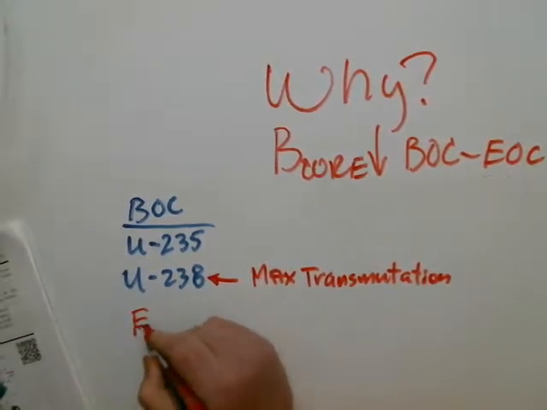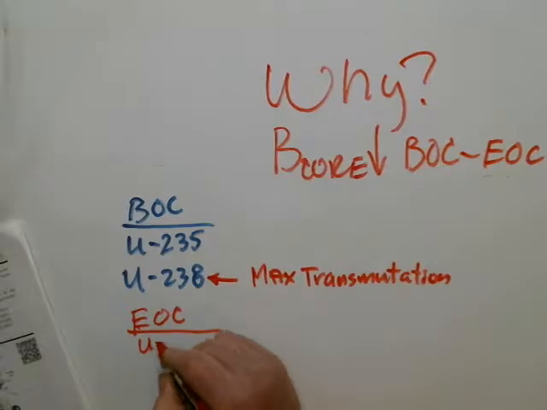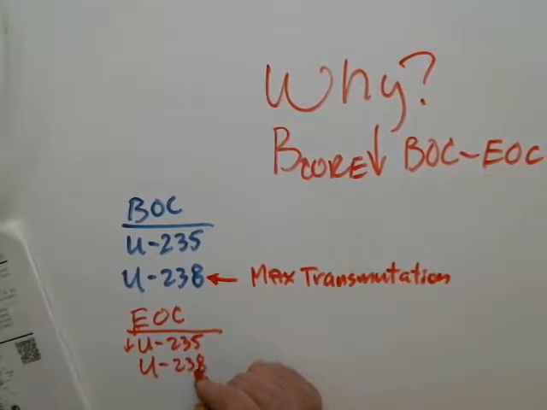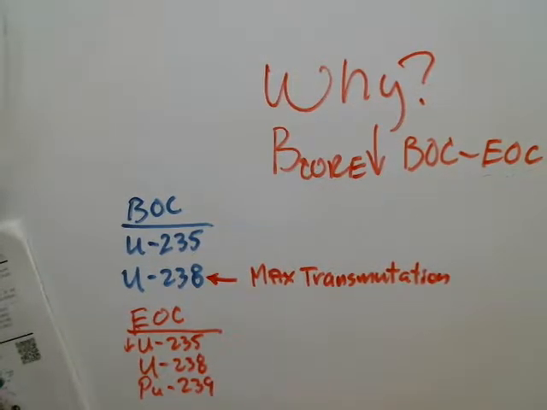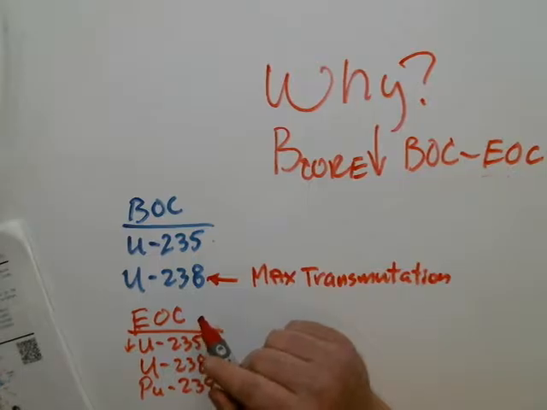At the end of core life, well, I have very little uranium-235. It's gone down. I have about the same uranium-238 minus whatever I've turned into plutonium-239. And each one of these has its own delayed neutron fraction.